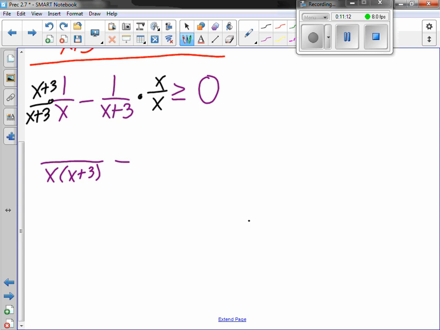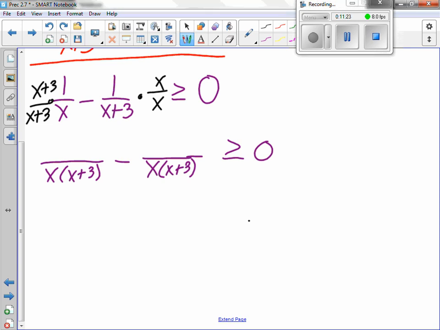I'm going to leave it as x times x plus 3. Because when we find our key points, I'm going to have to solve for what the denominator is 0. And if I multiply them together, I'm going to have to pull them back apart to be able to find it. So I'm going to leave it as that. Now, the numerators we will multiply together.